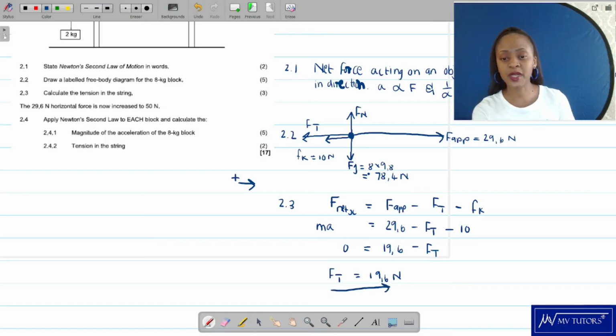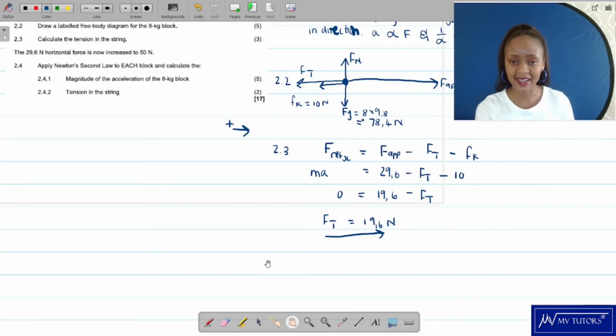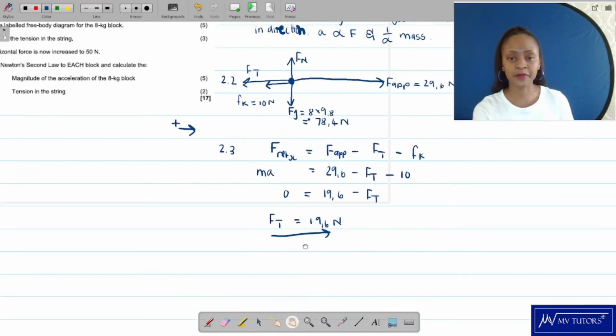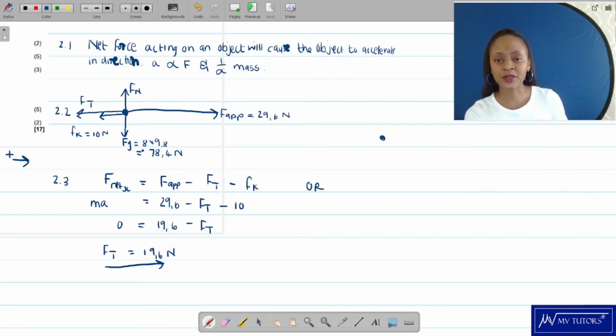Now, if you focused on the second block that's hanging, you could have used that as well. So looking at that 2 kg block, you have the force of gravity, and then you have the force of tension. And we know it's moving at constant velocity, so again the net force is equal to the tension force minus the force of gravity.